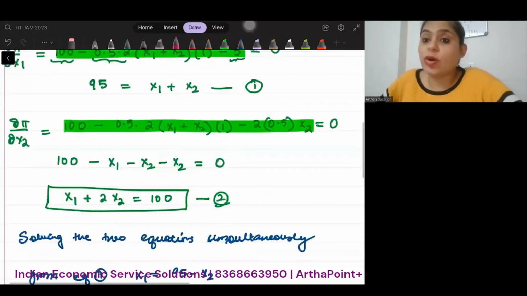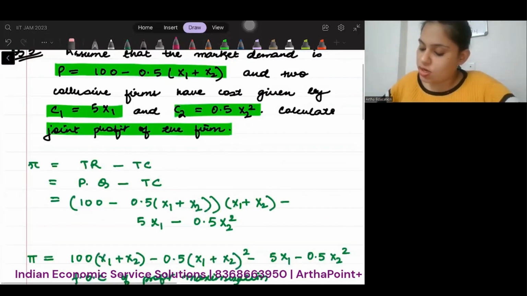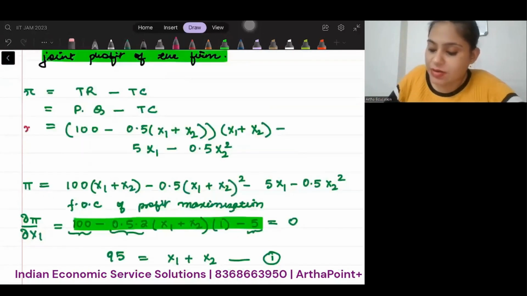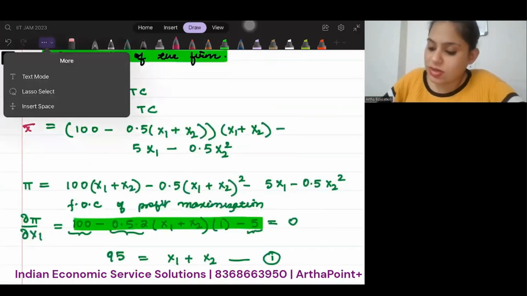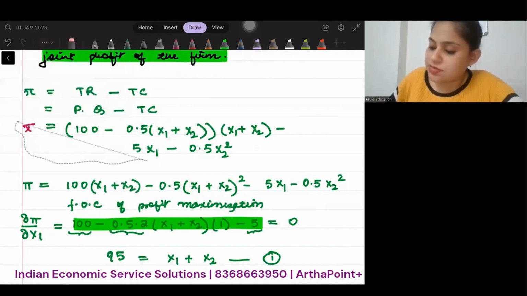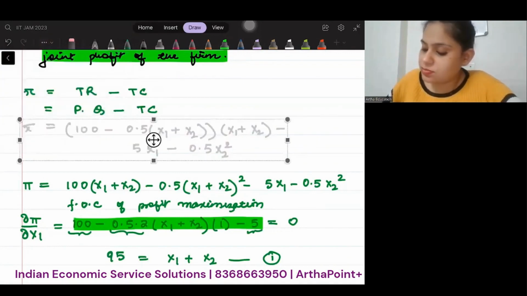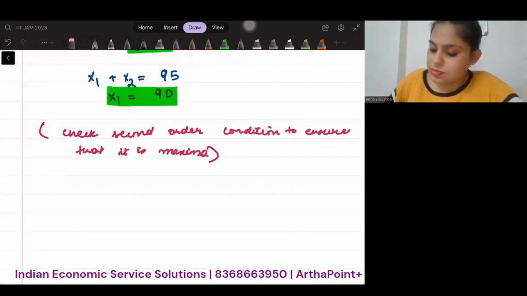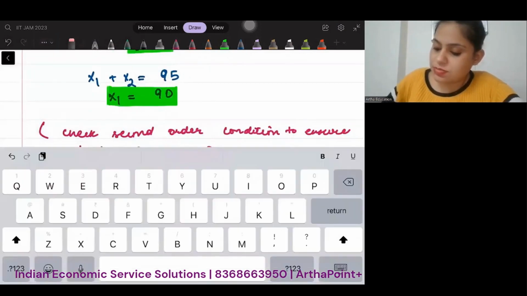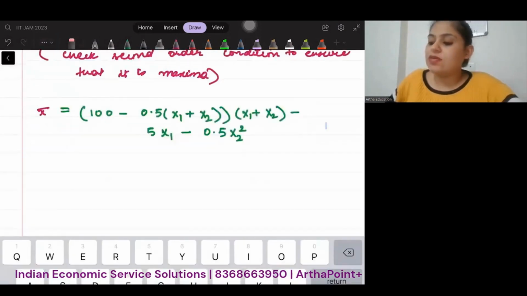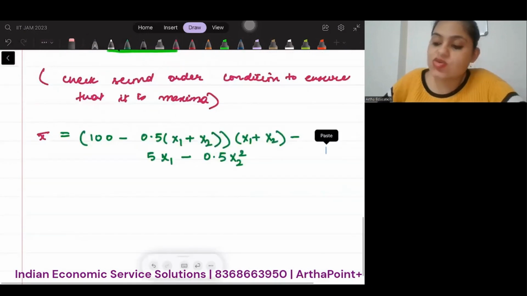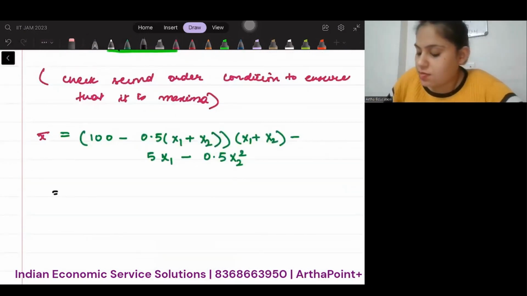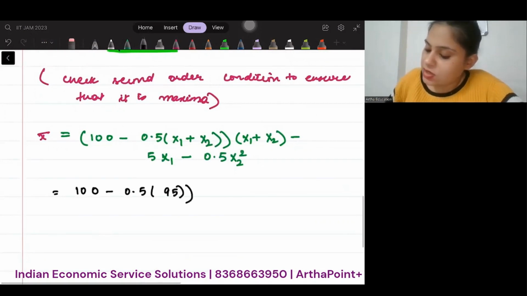Now they have asked for joint profit, so what is my joint profit? This is our joint profit, isn't it? So for a moment, let's just copy this and take it here. Okay, and now I will just put down the values. So x1 plus x2 is 95. So 100 minus 0.5 (95) into 95, minus 5 times x1.